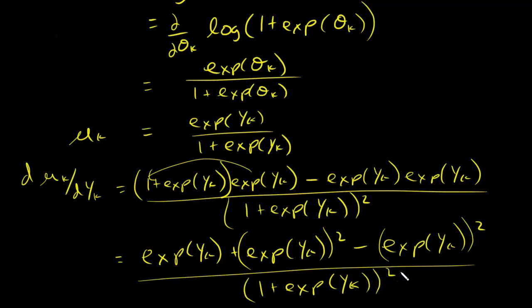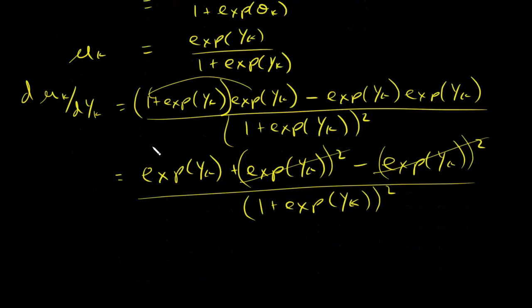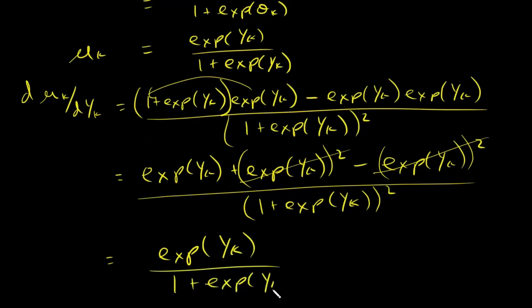Okay, then the bottom squared. So now I see these guys cancel each other. All right, and so what am I left with? I have e to the yk over 1 plus e to the yk squared. All right, this is d mu k divided by d yk. All right, so there you go.